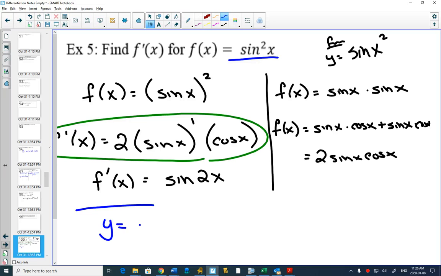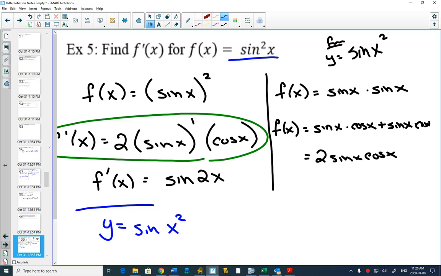Now let's do the fun one just for fun. If you had sine x squared. And this is where the language that I've been using all along is going to help you figure things out. We have to figure out what's the outside function, what's the inside function.